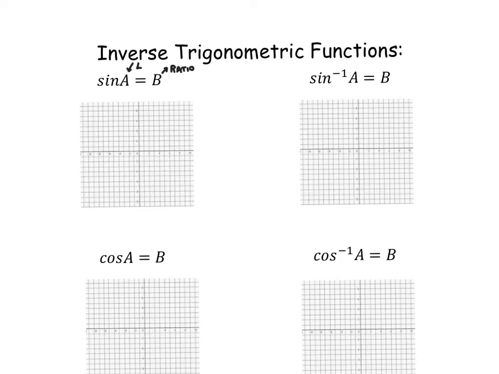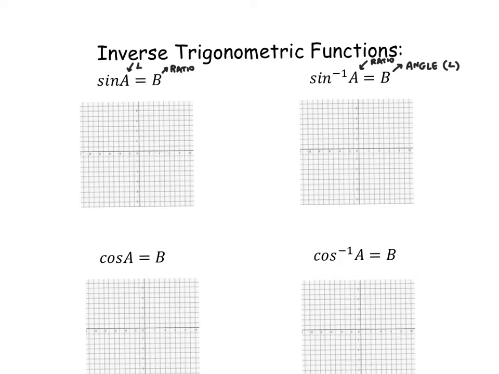Now, when we talk inverse, on the other side, our input is now a ratio, and our output is an angle. So anytime you're working with inverse sine, inverse cosine, or inverse tangent, your output should be an angle measure.